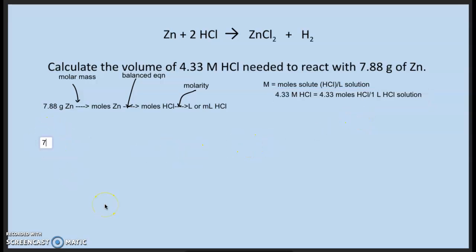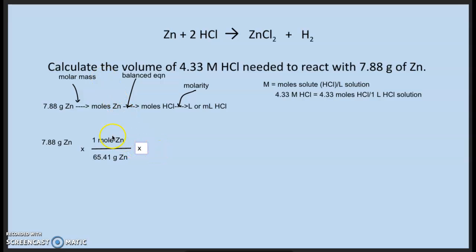So starting off with our dimensional analysis, 7.88 grams of zinc, I know that for every 1 mole of zinc, I would get 65.41 grams of zinc. That is my molar mass. And so there we have it. I've got my first conversion in.